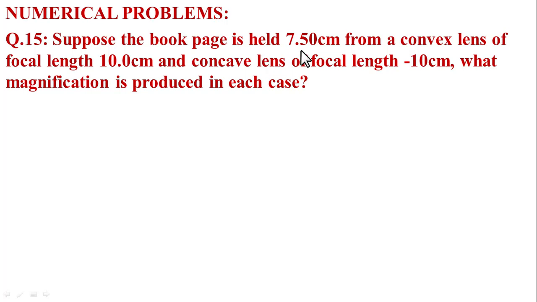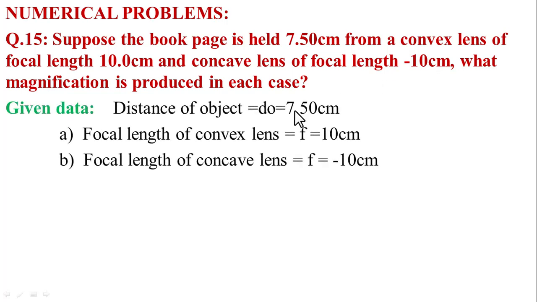Now, in question number 15, the given statement is: suppose that a book page is held 7.50 centimeters from a convex lens with a focal length of 10 centimeters, and a concave lens with a focal length of minus 10 centimeters. What is the magnification produced in each case? Write the given data. Distance of object d naught is equal to 7.50 centimeters.